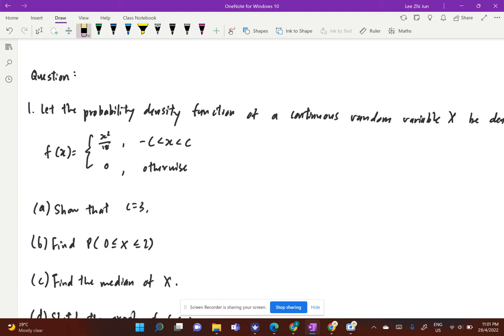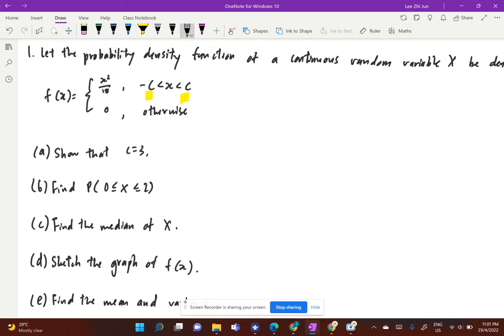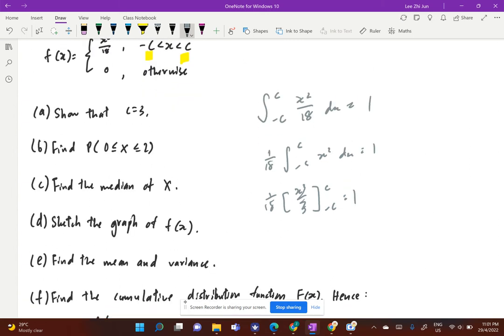A, show that c equals 3. It's simple: you integrate from negative c to c of x squared over 18 dx, which equals 1. So 1 over 18 times x cubed over 3, from negative c to c, equals 1.